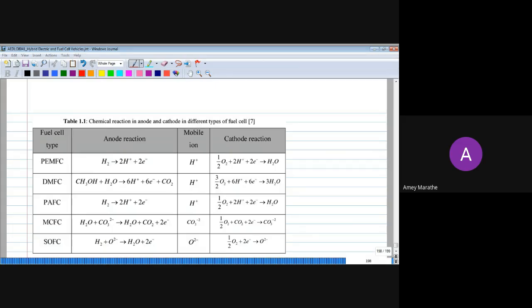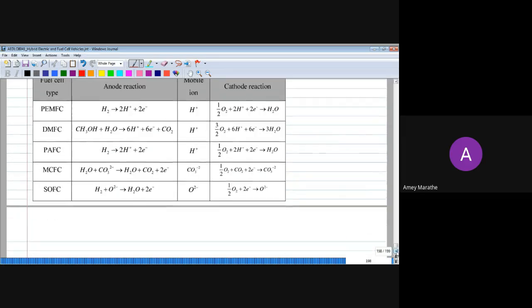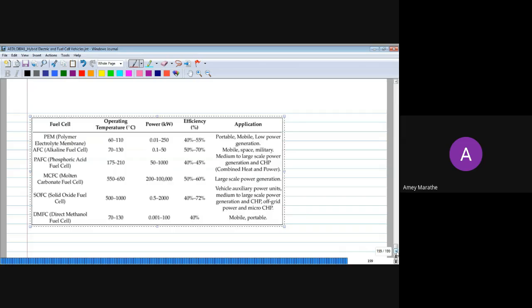There are different tables which I can present in front of you, just so that I can tell you how these fuel cells can be utilized in EVs. Please try to understand here that fuel cells are a device which can be used in conjunction with battery technology. We know that we are using fuel cells in conjunction with battery technology because there are certain drawbacks of the fuel cell technology.